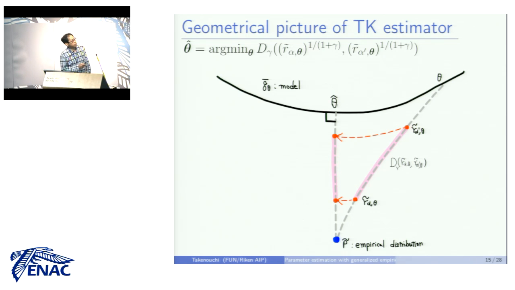And in this estimator, we consider the two kinds of empirical localization model between this P tilde and model Q, like this. And we minimize this pink quantity. So this is a very intuitive explanation of the estimator.